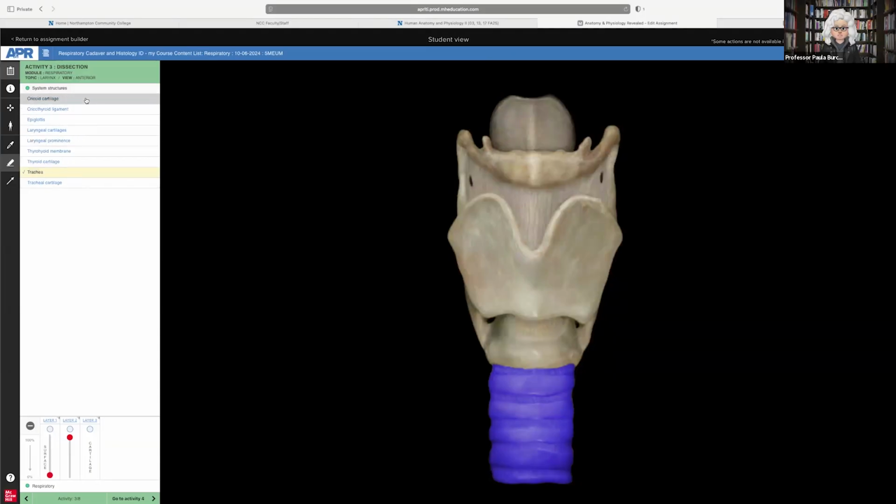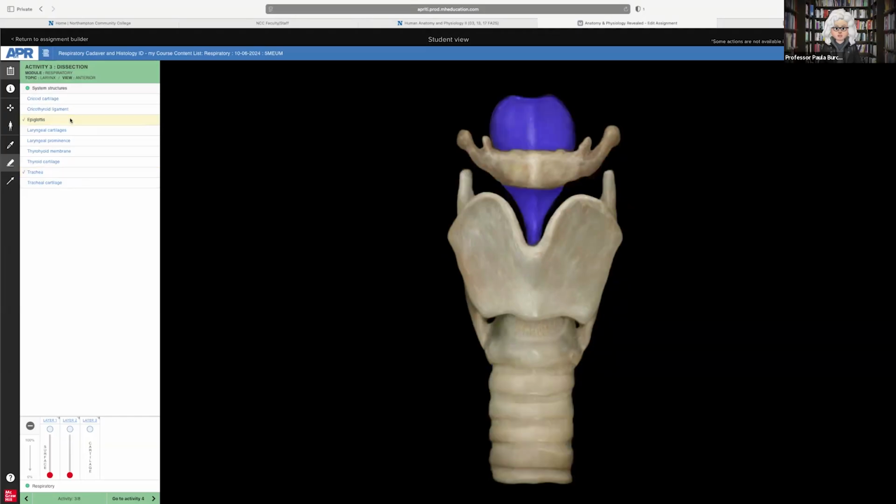Recall that the larynx consists of 9 cartilages, 3 that are paired and 3 that are single. The epiglottis is a single cartilage. It consists of elastic cartilage. So if I ask you on the quiz which one is elastic, it will be the epiglottis.